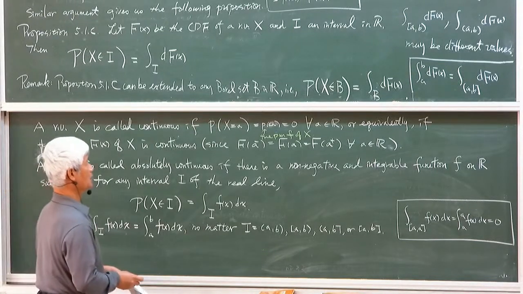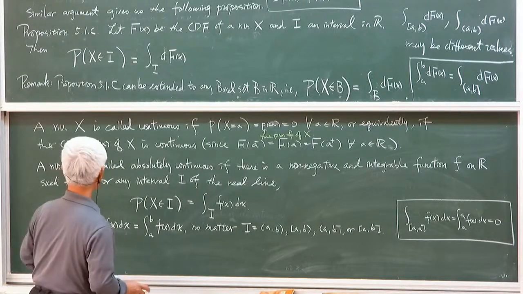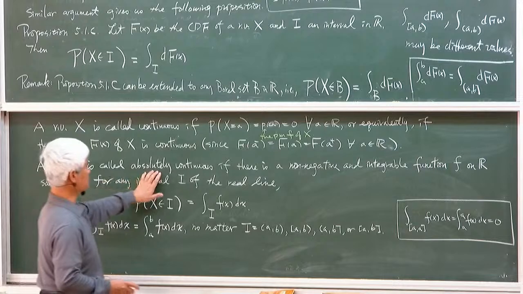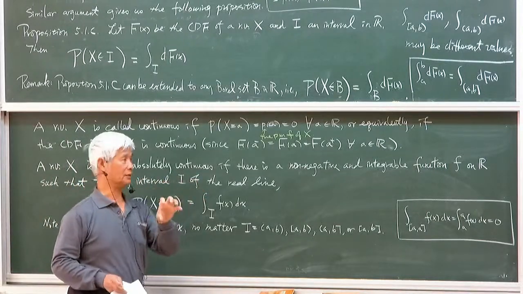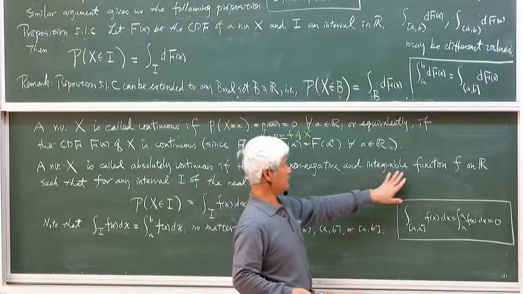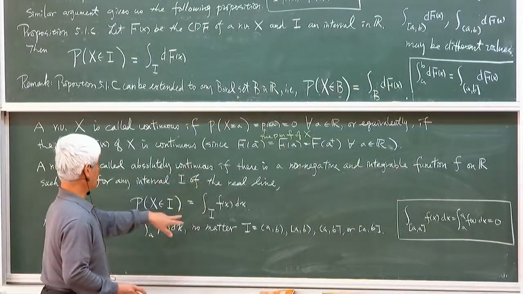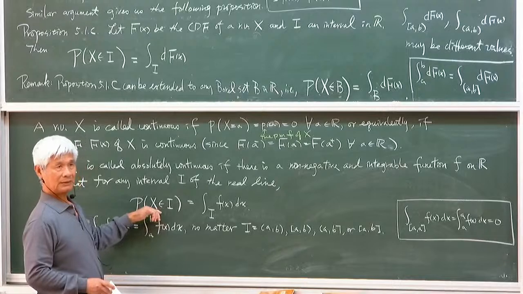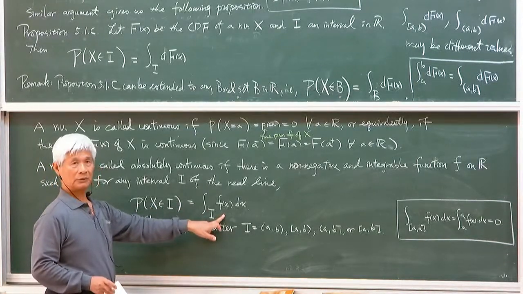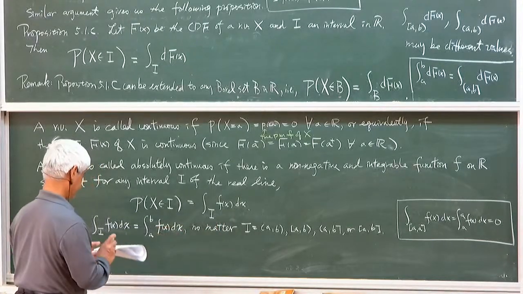Okay, so to check that a random variable is absolutely continuous, you have to find such a function f, non-negative, integrable, and you have to check that for any interval I, this probability can be evaluated by this Riemann-Stieltjes integral.